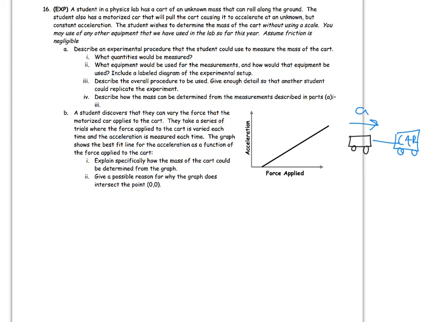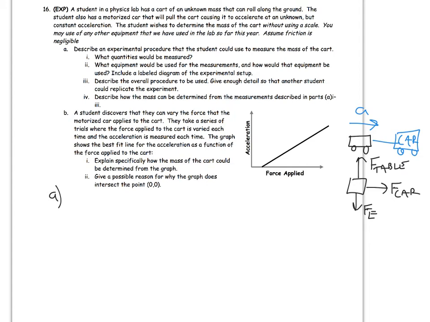I'm also going to draw a free body diagram here for that cart. Think about what forces are acting on it. We have the force of the table pulling up on the cart. We have the force of the earth pulling down on it. And we have the force that the car is pulling on the cart with, accelerating it to the right. So if I'm thinking about how I could find the mass, what things could I measure?